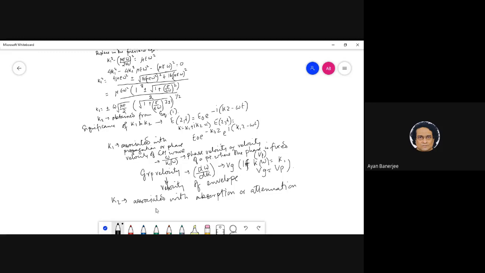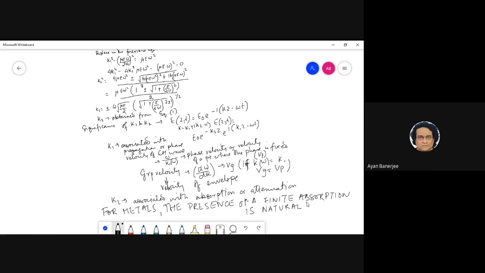So let me make an important statement here, which we will defend later on in the course. For metals, the presence of a finite absorption is natural.